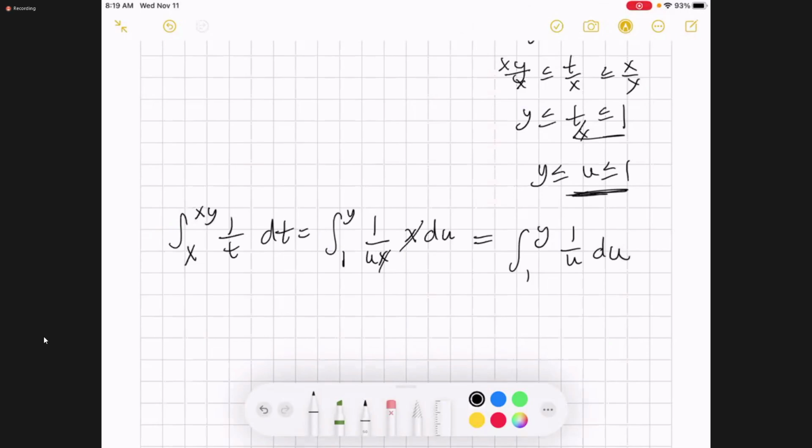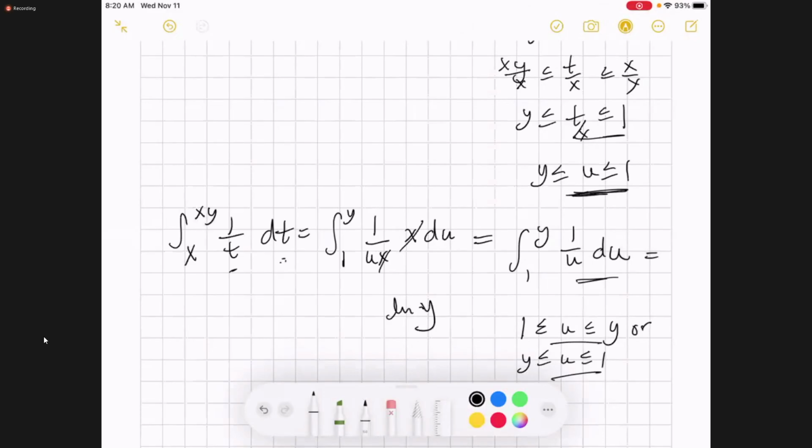It doesn't really matter what I put in here for this letter or what I named that letter. Here, u represents anything between 1 and y, and I don't know which one's the bigger one. But that means this is ln of y.